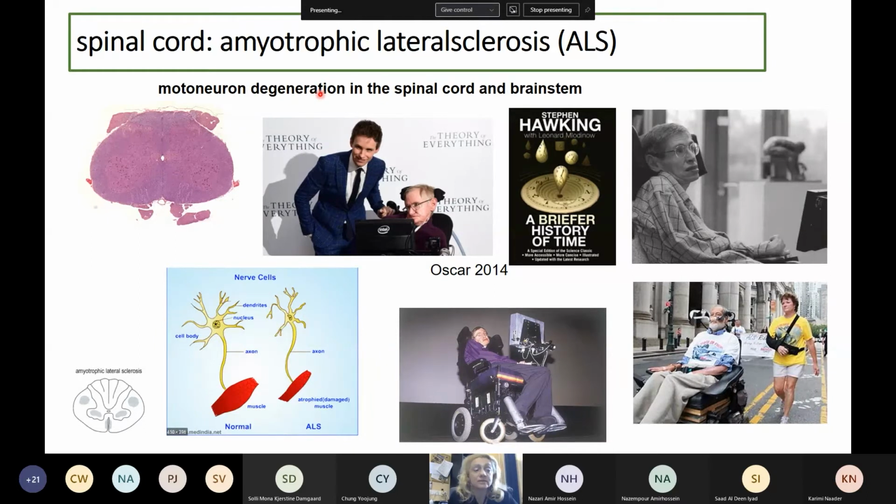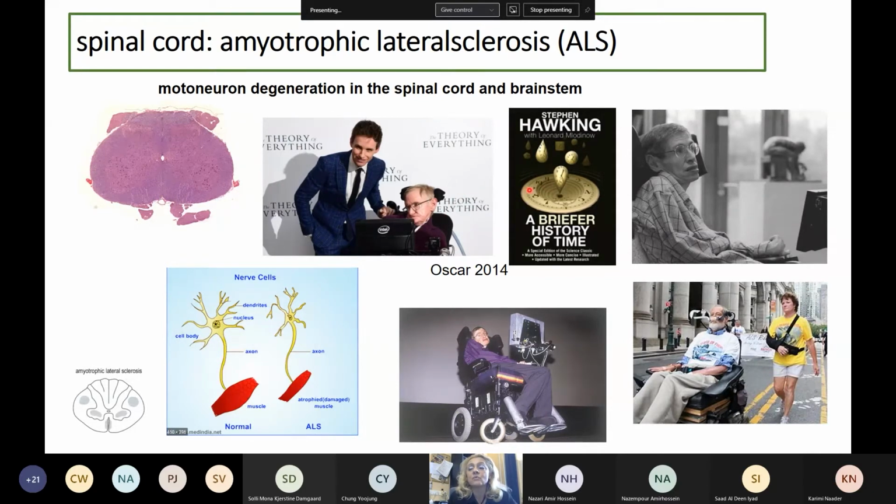Only the motor neurons degenerate in the spinal cord and in the brainstem. These patients usually lose all motor functions, which means also in the face. So they cannot chew, they cannot eat, they cannot talk, they cannot use any facial expression. Usually what is left is the eye movement. Somehow the eye motor nuclei are spared most of the time.